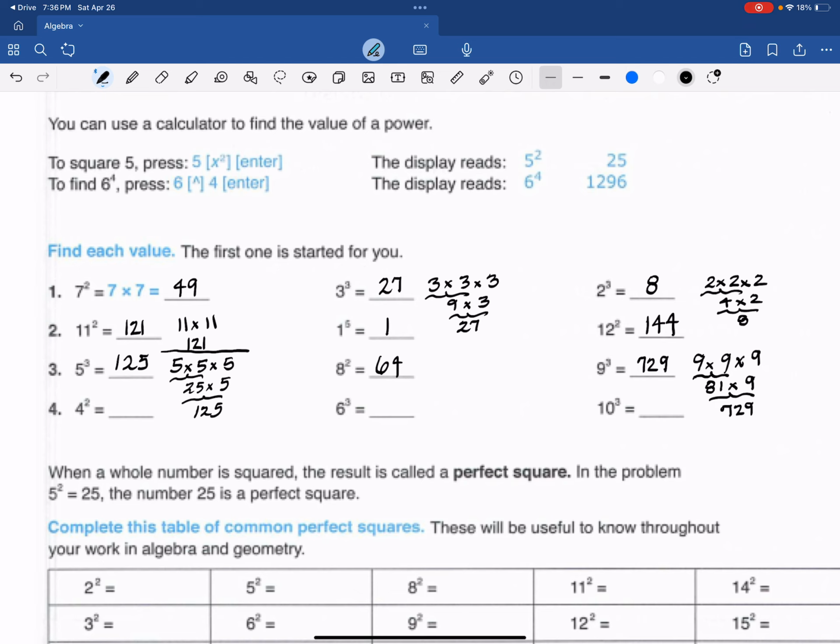Exponential growth is rapid, so the higher that exponent climbs, the bigger that power will get. 4 times 4 is 16. 6 times 6 times 6 is 36 times 6, and that is what? 216, sorry.